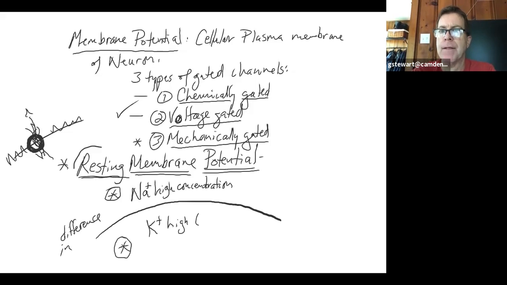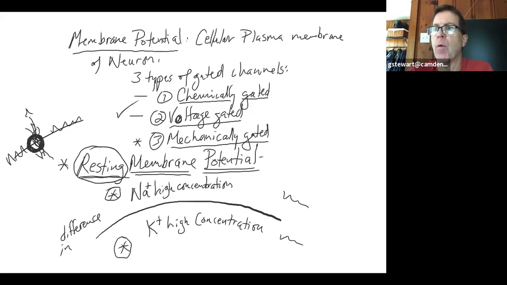So at rest, a nerve cell, and by the way, most cells in the human body have this same ionic distribution. There are a lot of sodium ions, and we're just talking about the environment right along the edge of this cell.